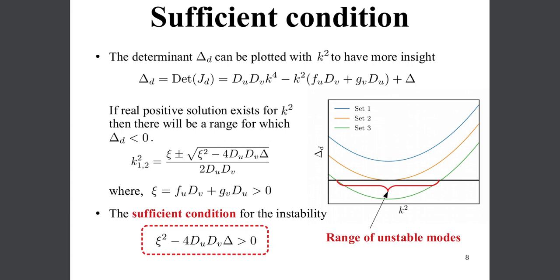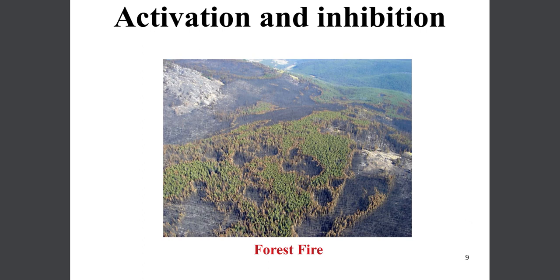Now we have presented what the sufficient condition and the necessary condition for this instability are. Now I will talk about a very funny thing, about activation and inhibition. Just think there is a forest and a forest fire takes place.